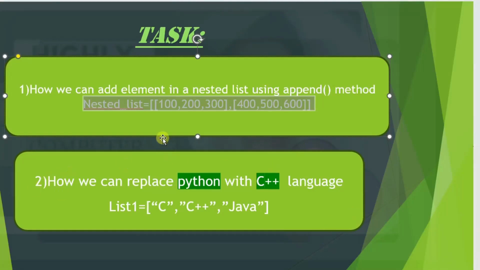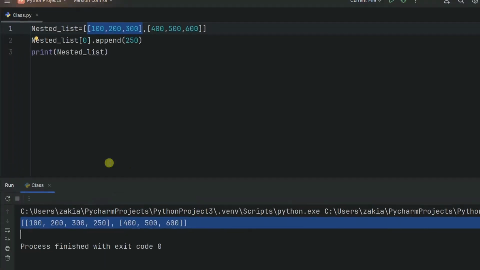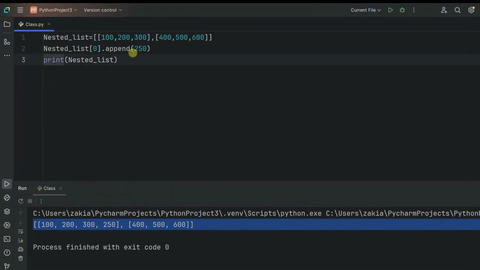After that, what's the next task? Next task is how we can replace Python with C++ language. So I will copy this and I will paste that here. Now we have list.